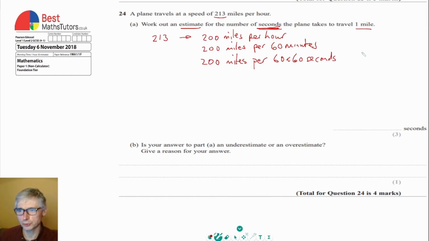The first thing I could do is 6 times 6, and that will be 36. And then we can see that we've got 2 zeros that we're missing. So for 60 times 60, we can put those zeros back in and we've got 3,600. So actually what we're doing is 200 miles in 3,600 seconds.